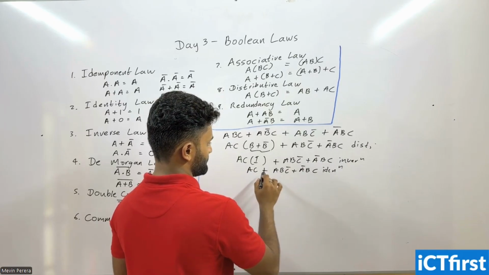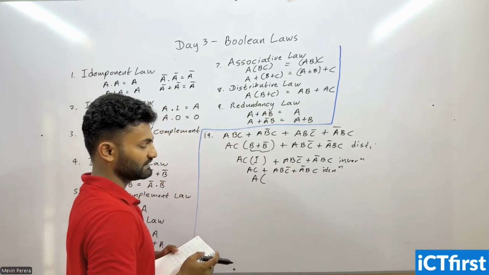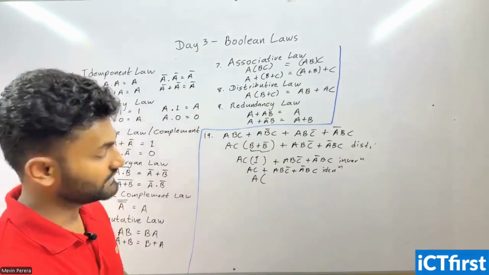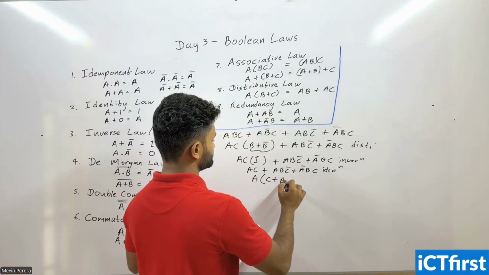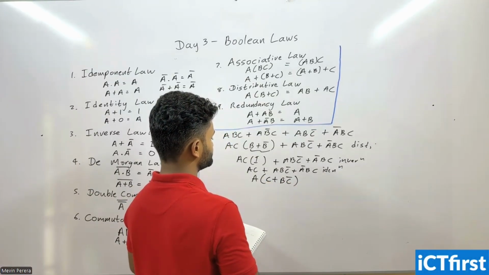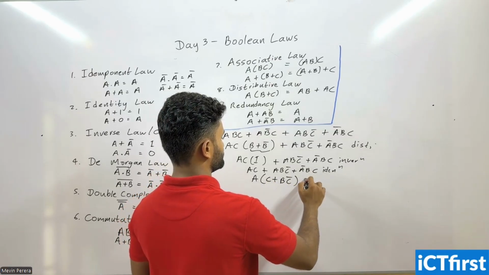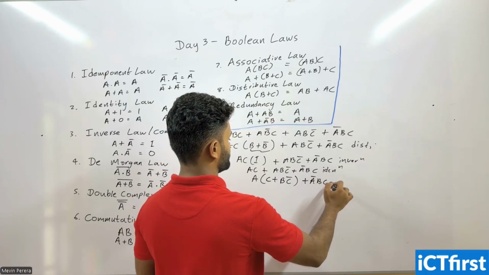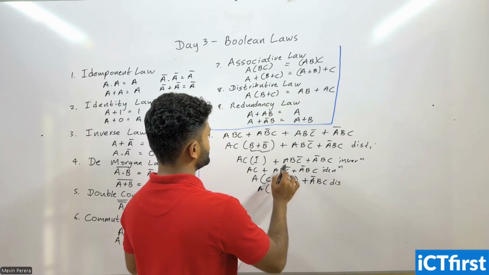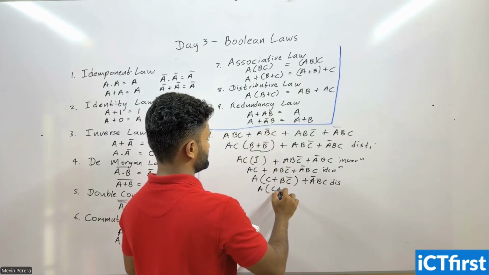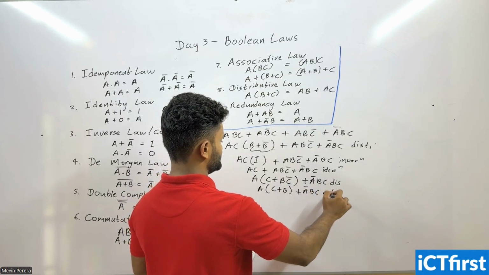Then I can take A out, A outside, and then C plus BC bar, distributive. So C plus C bar, then C plus B, redundancy law.